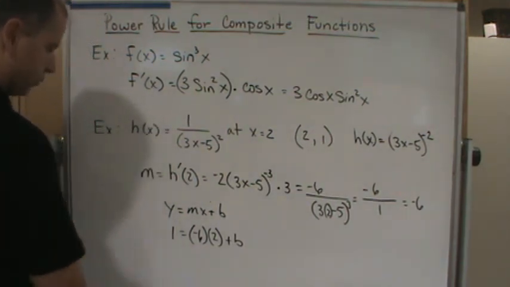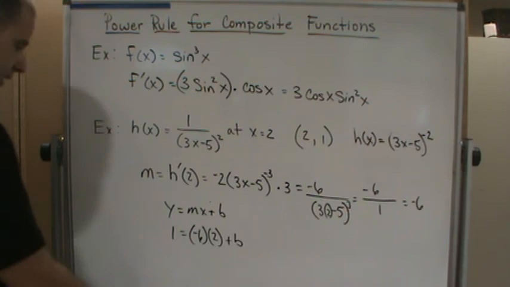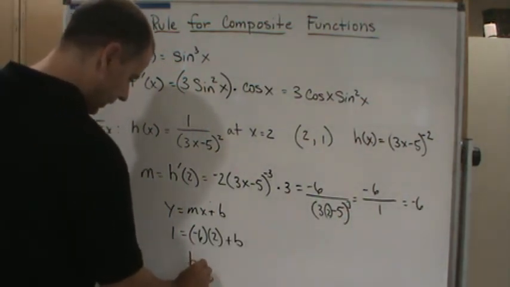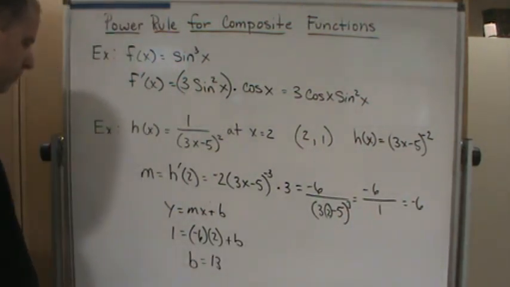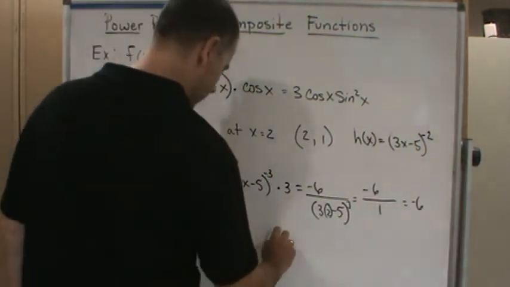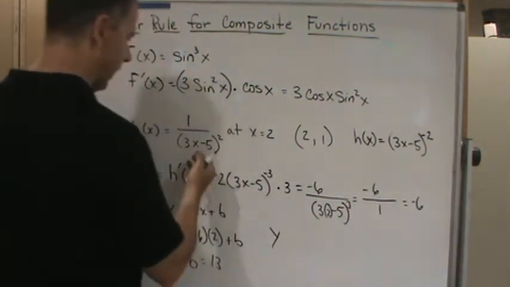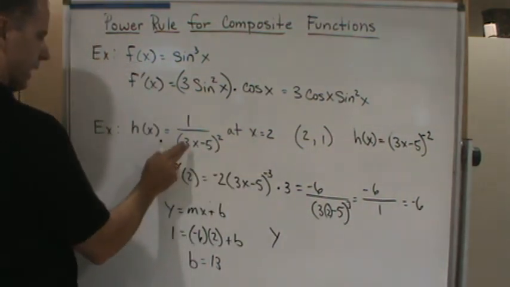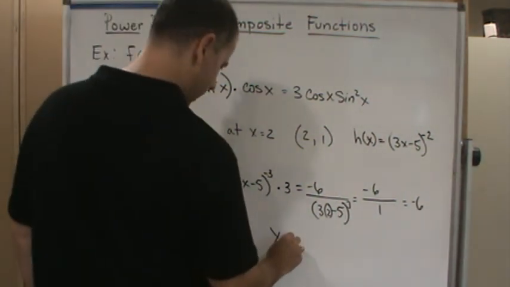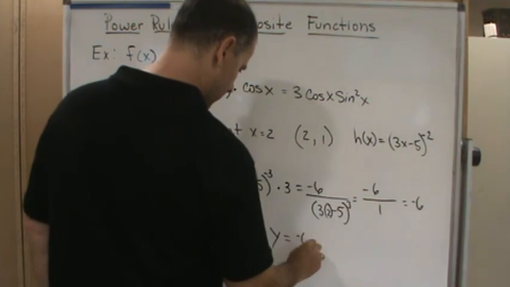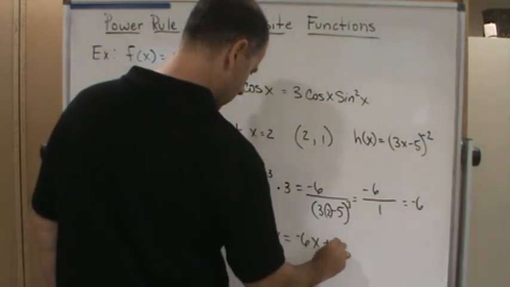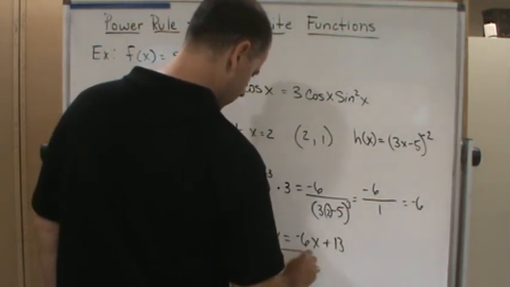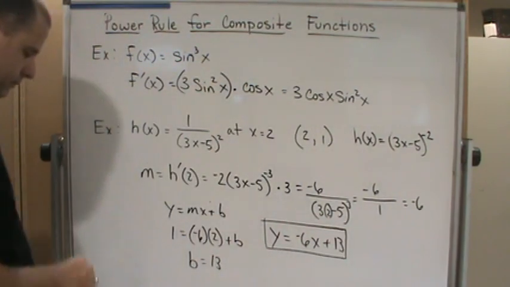If I add 12 to both sides, I get 13, so b is equal to 13. And I'm done. The equation of the tangent line at this point on this graph is y equals negative 6x plus 13. And I'm done. That's it.